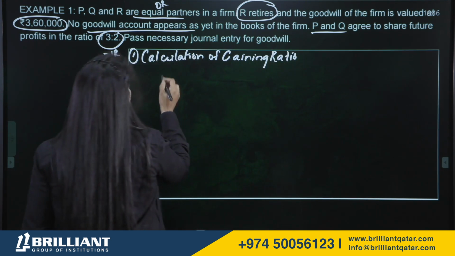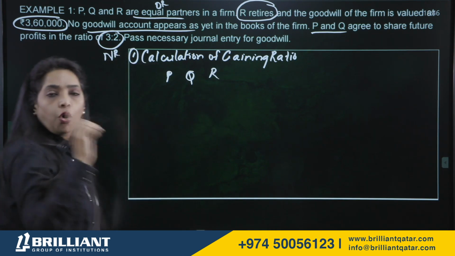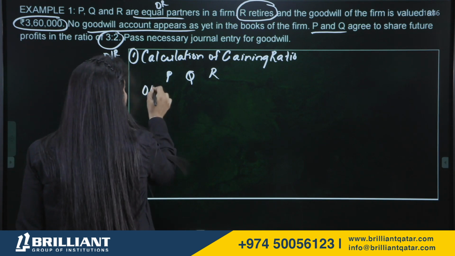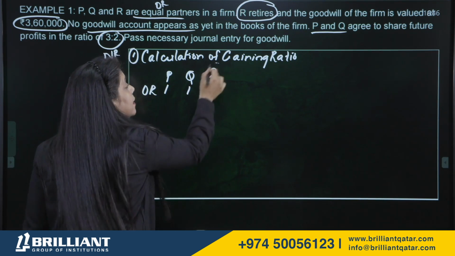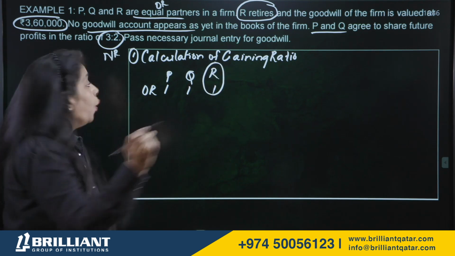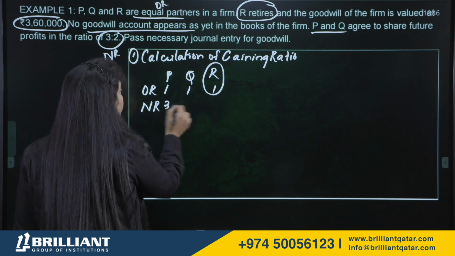You have 3 partners, that is P, Q and R. The old ratio is equal, so that is 1:1:1. And who retires? That is R retires. And the new ratio between P and Q is 3:2.